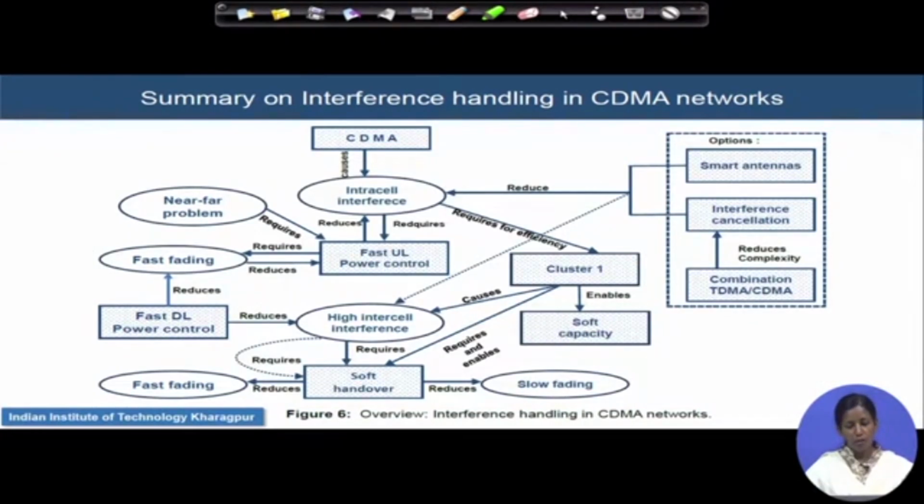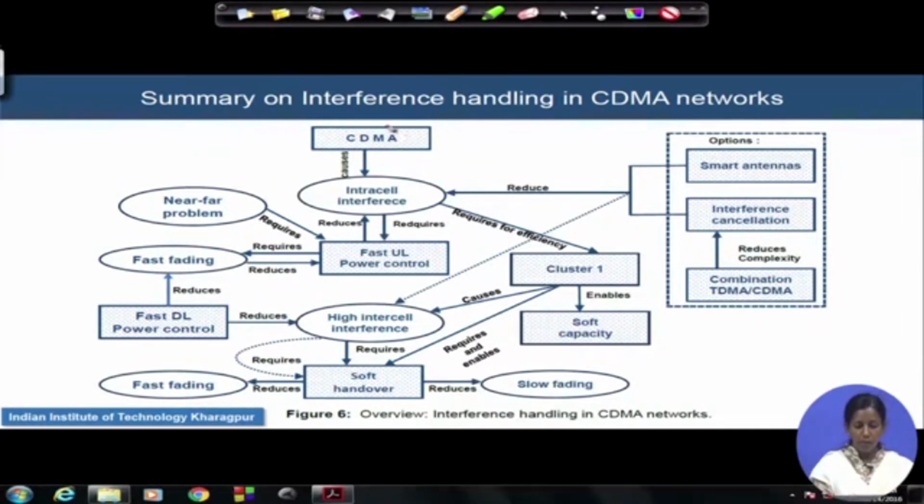So, this is the overall interference handling mechanisms that we have discussed till now. Let us revisit. In a CDMA network, the network causes intracell interference.